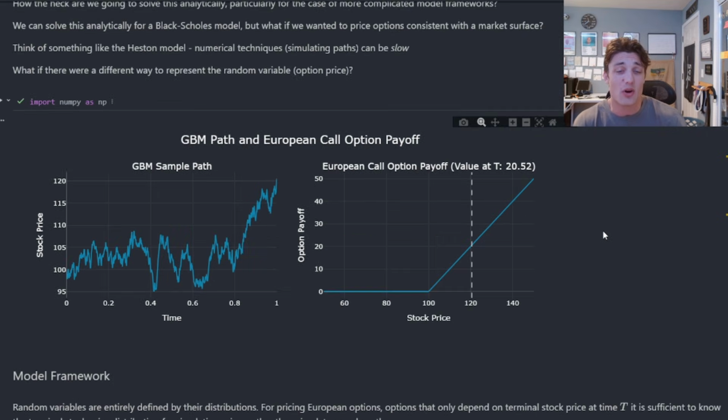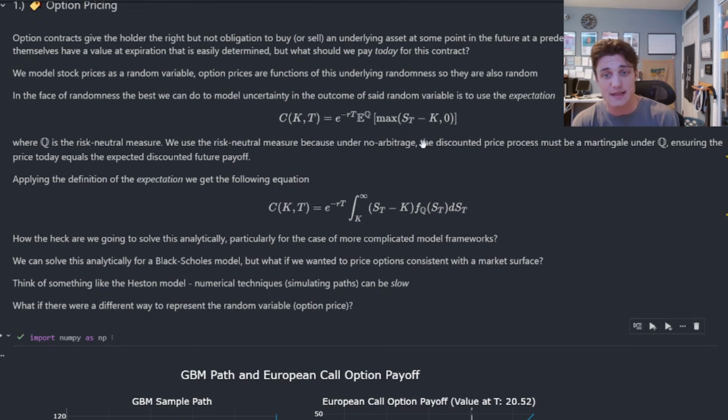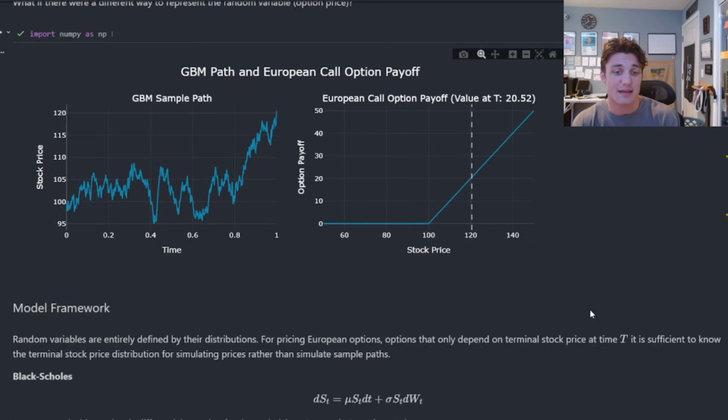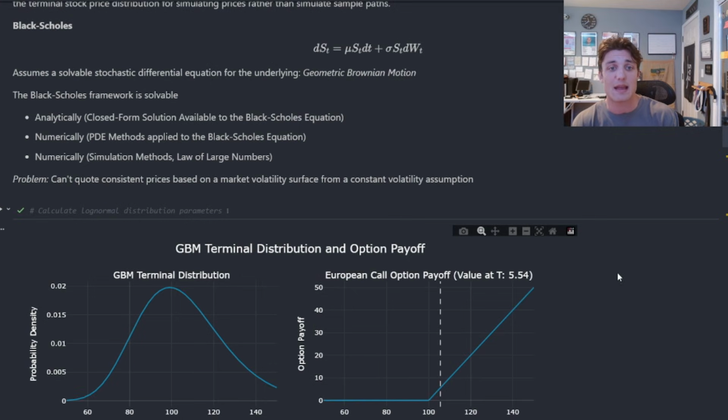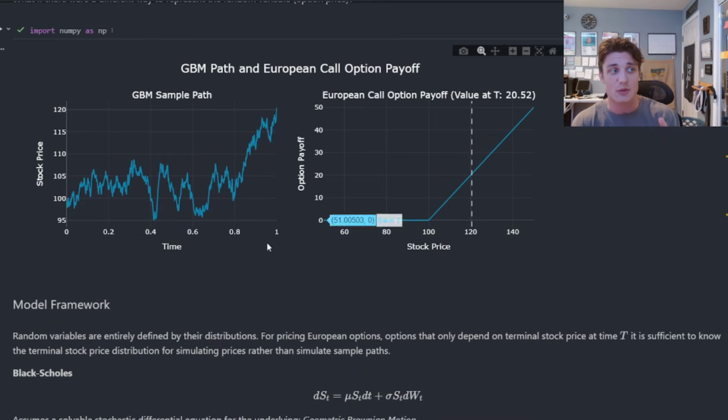In fact, there are a ton of different ways to get to the fair price of this option contract. That is this equation here. You could do this through solving a partial differential equation. You could do this by approximating a partial differential equation. You could do this through simulation of sample paths like we did here.